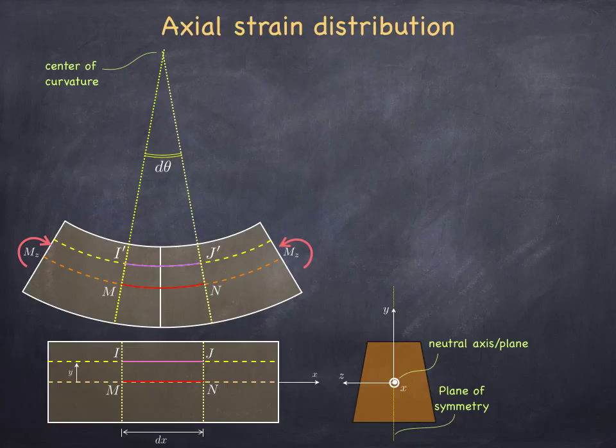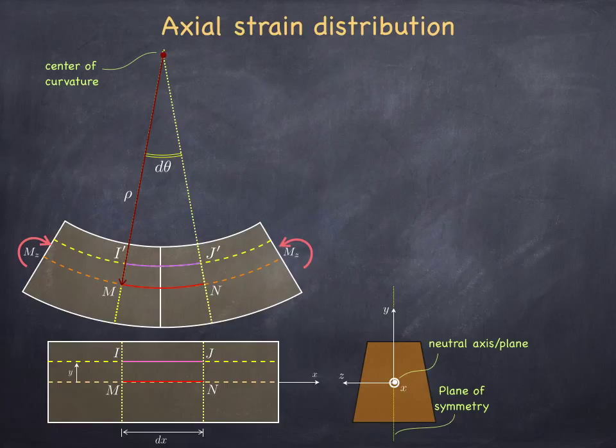And of course, if these two cross sections are separated by a small distance from each other, dx, then they're going to be sweeping a small angle, which I denoted here as d theta. If I measure the distance from the center of curvature to the neutral plane of the beam, I'm going to obtain the so-called radius of curvature, which is denoted as rho.